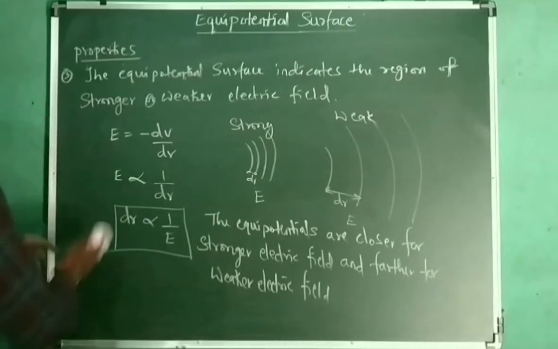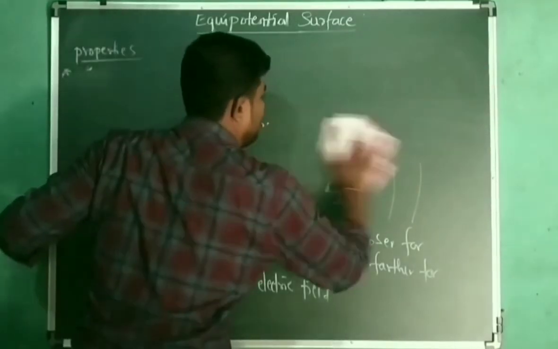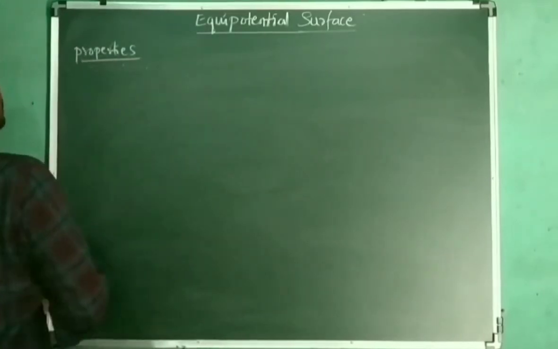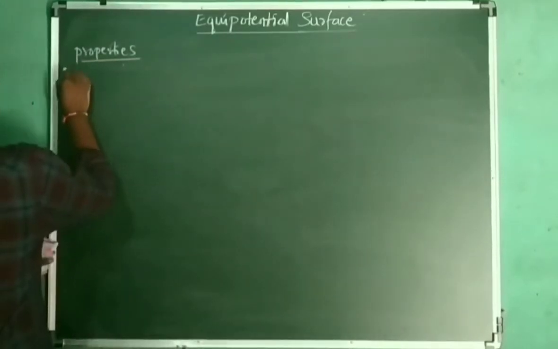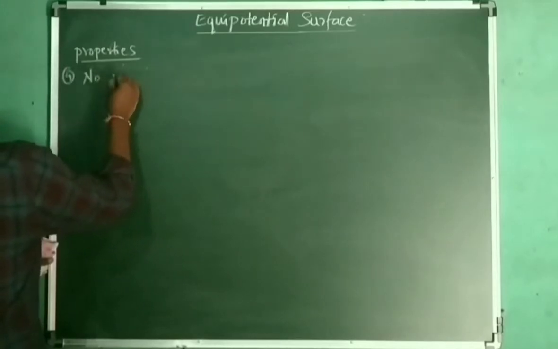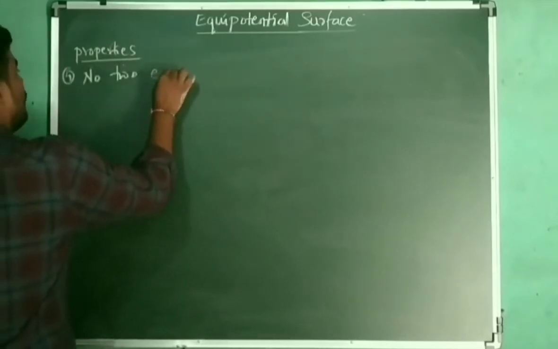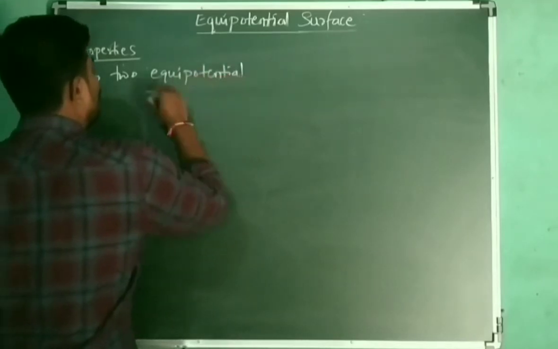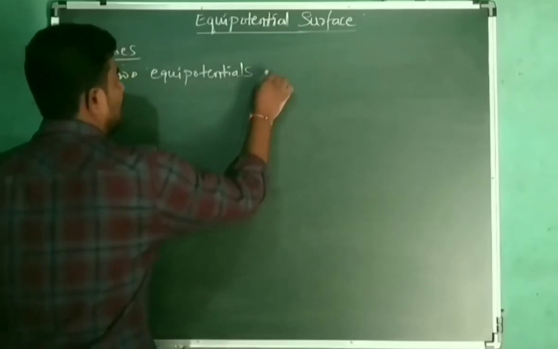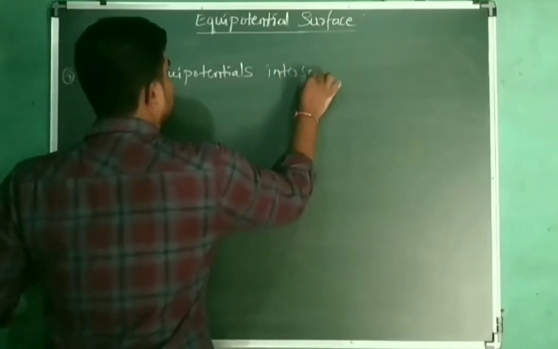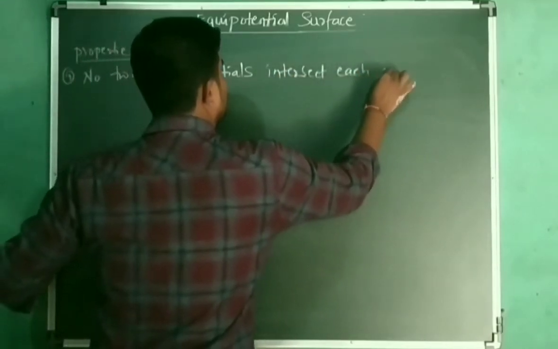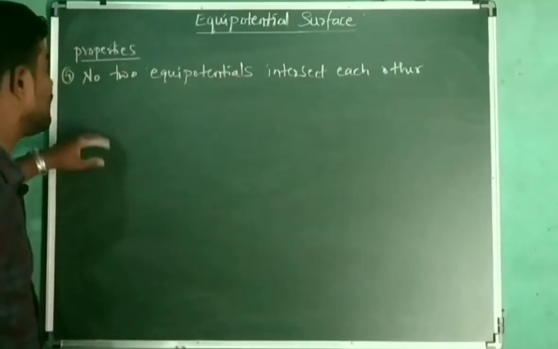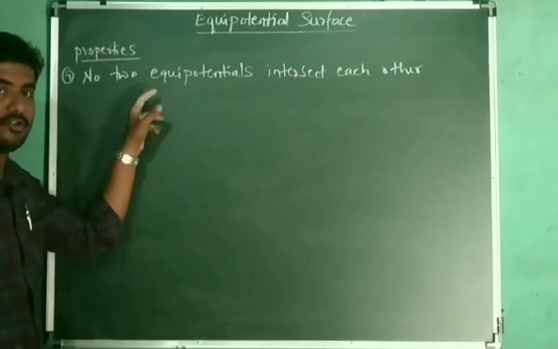And the next property, fourth property: no two equipotentials intersect each other. While discussing the properties of electric field lines, we discussed this property also.